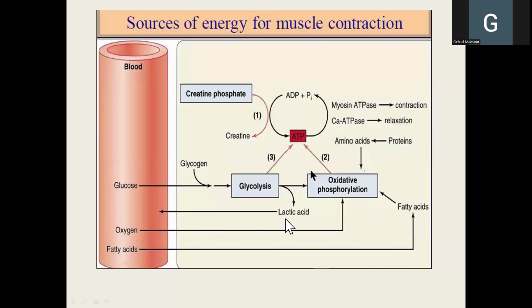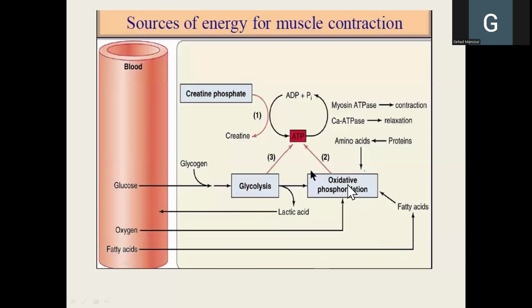If oxygen is not present, then after glycolysis, the muscle will carry out lactic acid fermentation and produce this harmful lactic acid. If we have depleted all our glucose and glycogen stores and all our ATP stores, and we want to replenish our ATP, then the last resort would be the fats under the skin or the fatty acids in the blood.